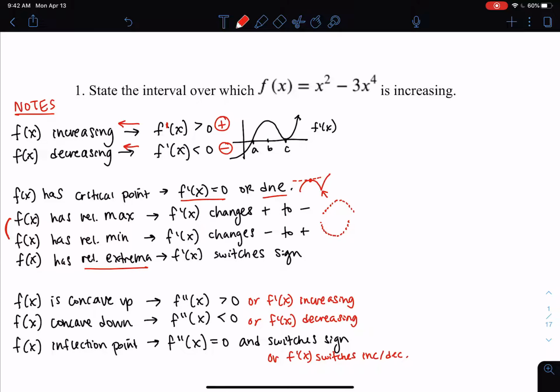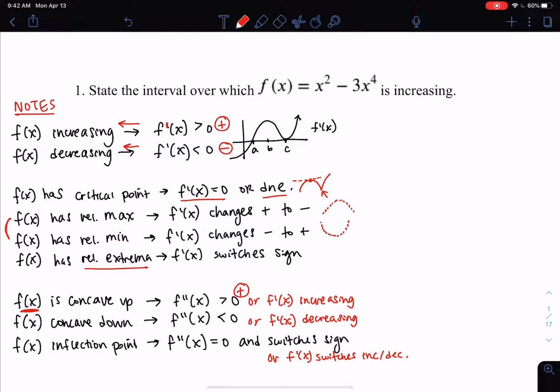For concavity in this final section, we're dealing with the second derivative. So know that when we're concave up, the second derivative is positive, greater than 0. Okay, but another definition for f being concave up is that the derivative itself is increasing.